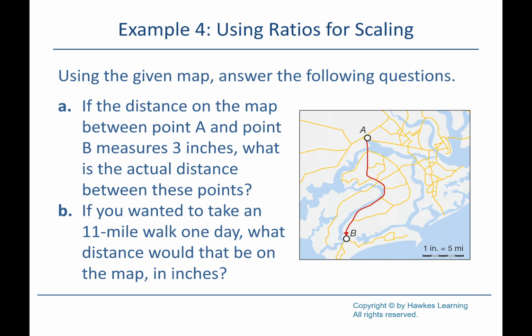We can use that ratio to figure out A. You can probably figure that one out without having to write it down. So if 1 inch is 5 miles, how far is 3 inches? Don't overthink it.